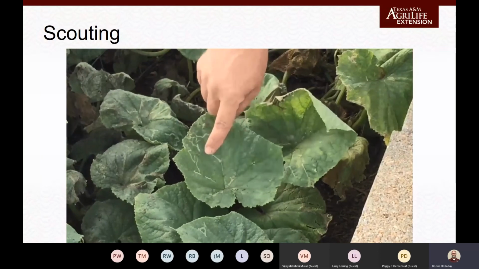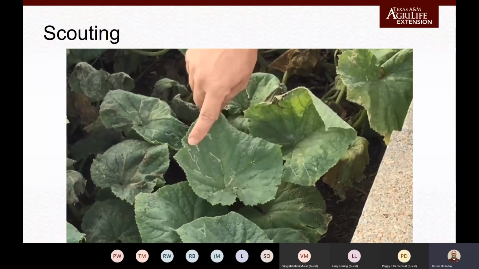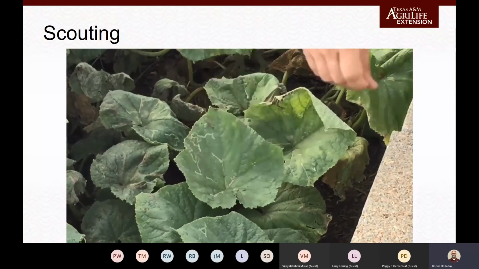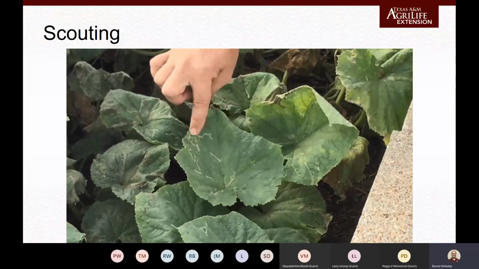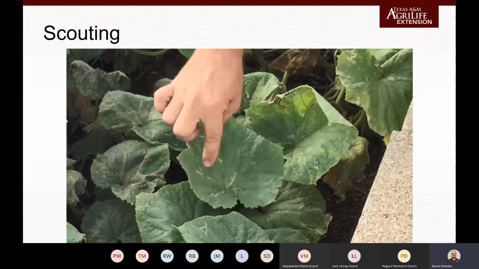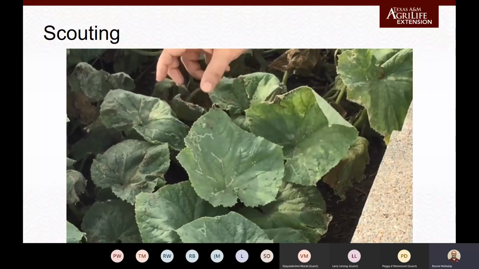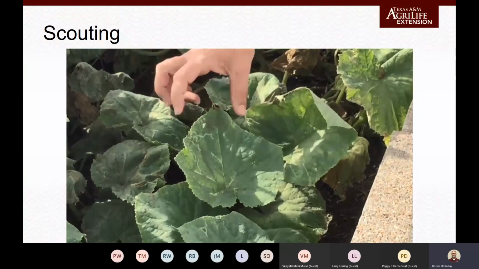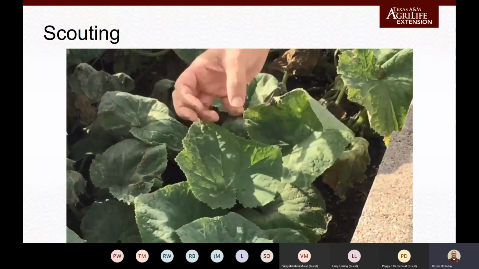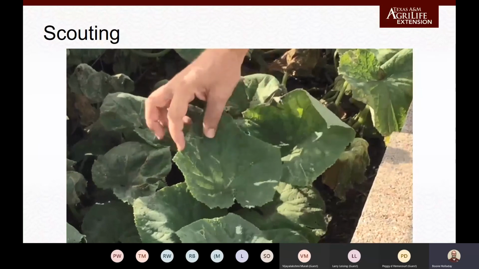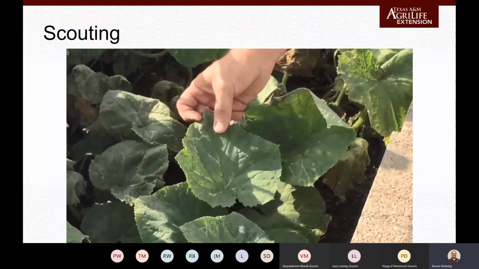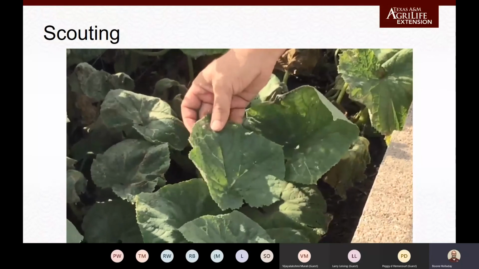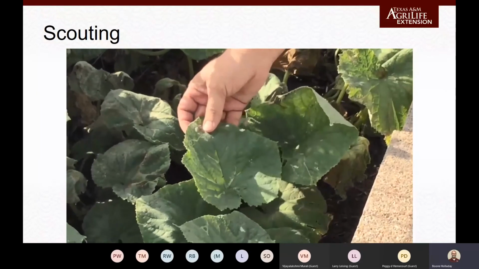We've got some leaf miner, and this is a worm or larva of a small moth that embeds itself into the leaf tissue here, and it just kind of curls and twirls around in there. If it gets bad enough, it'll cause the leaf to curl up. But if this is all we're seeing here, this isn't really going to be a big problem for us. Again, the damage is simply aesthetic.